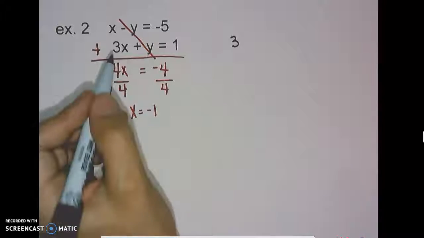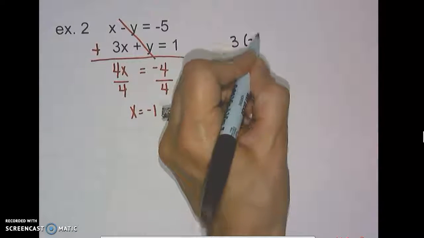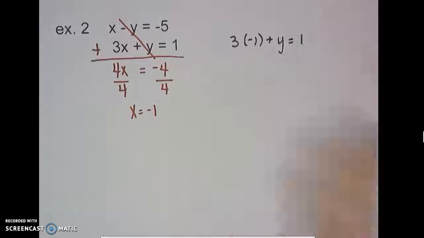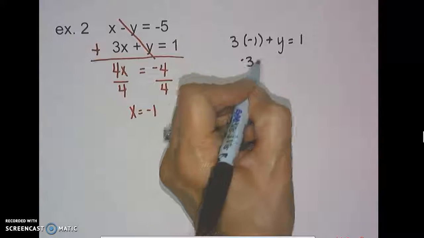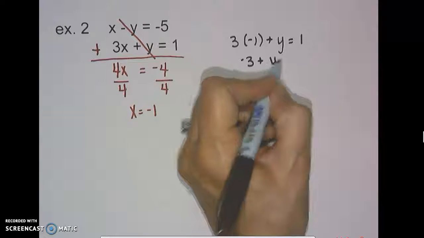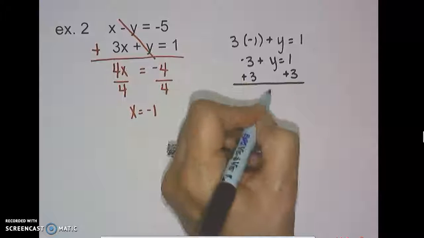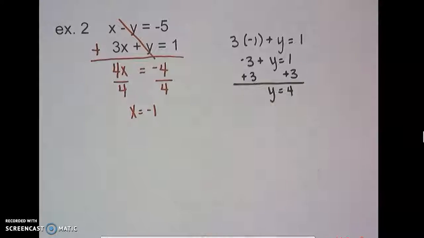So we have 3, and instead of x, we fill in that negative 1 that we just found, plus y equals 1. 3 times negative 1 is negative 3. Then we add 3 to both sides, and y would equal 4.